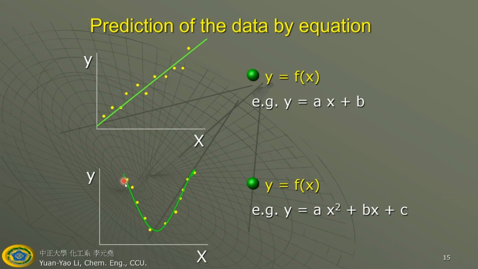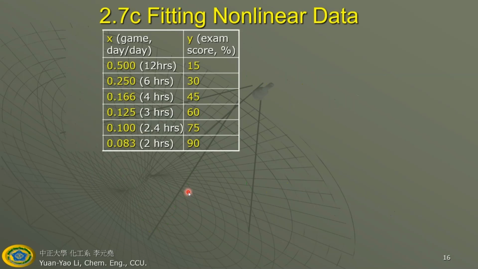But can you give me this equation according to what we just learned previously? No, you cannot. So then what can we do? What we can do is, now I'm going to show you, if you have nonlinear data, make it become linear. That'll be easier, right? So here is an example.